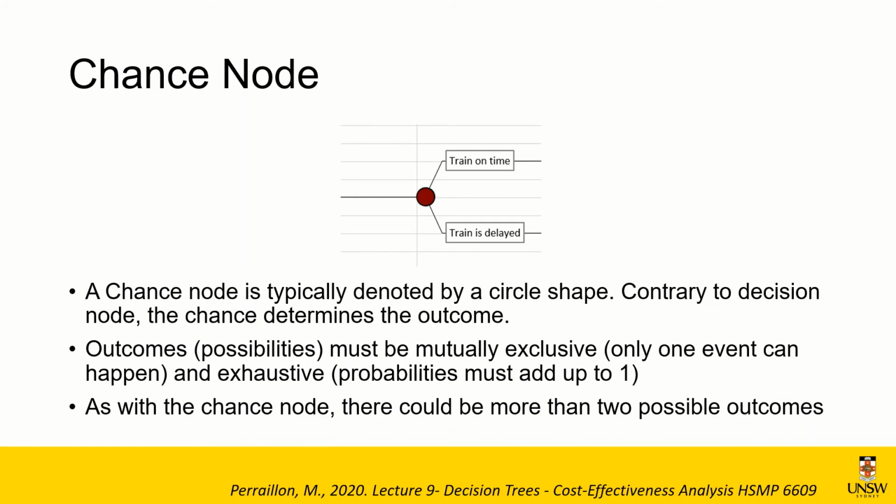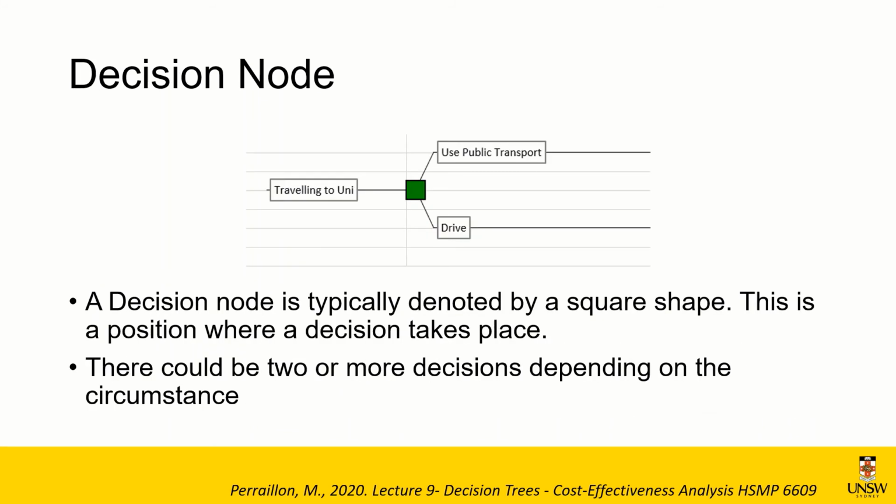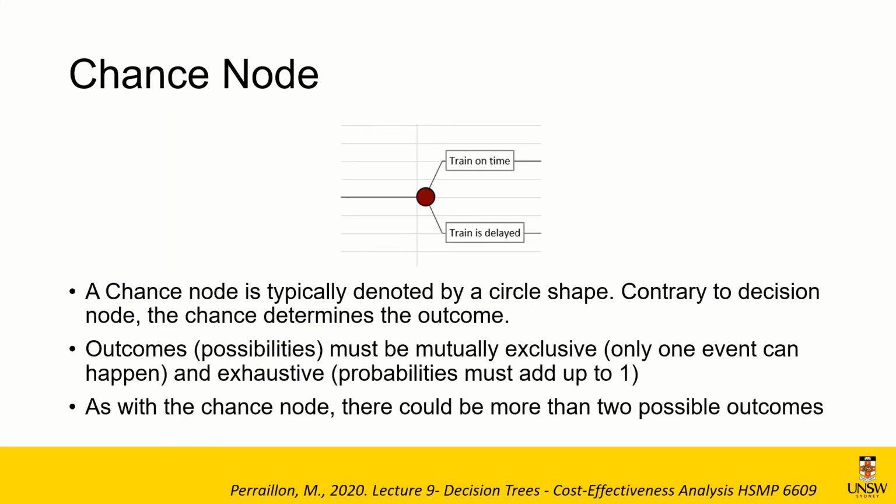Depending on the decision we take, there could be different outcomes. So the chance simply determines what the outcome is. In our example, if we use the public transport, the train could come on time, or otherwise the train could be delayed, right? That is beyond our control, and there could be certain probabilities associated with each of these chances.